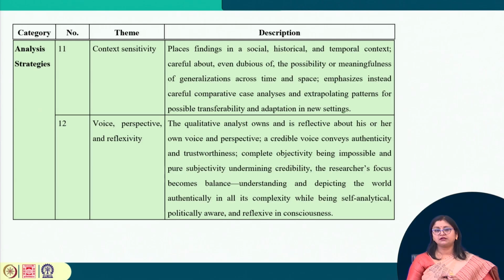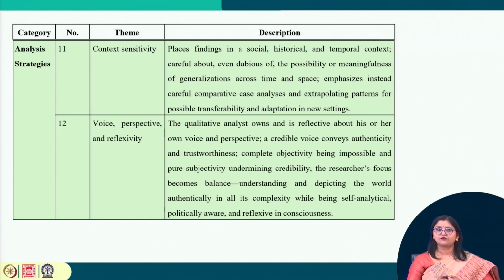It is careful about, even dubious of, the possibility and meaningfulness of generalization across time and space, and emphasizes instead careful comparative case analysis and exploring patterns of possible transferability and adaptability in new situations.